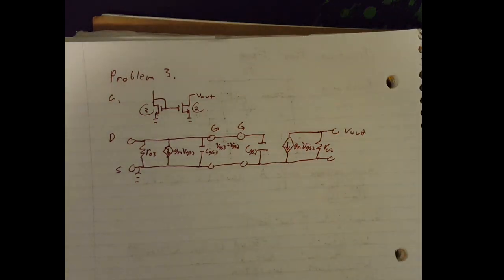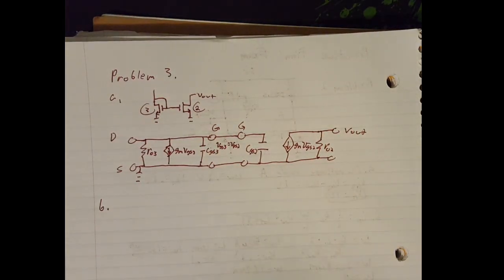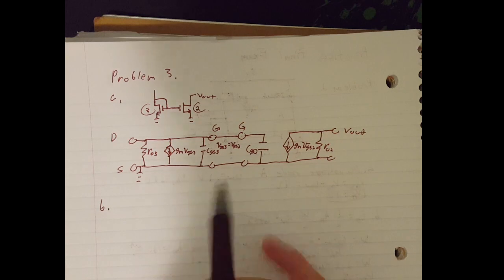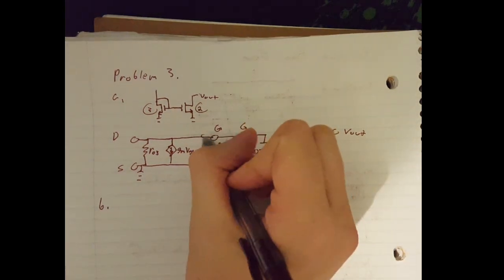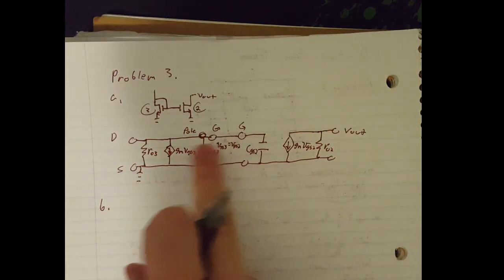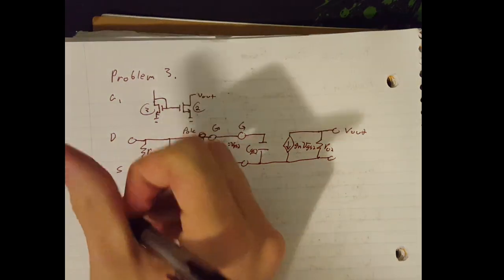So there's that. Part B wants us to mark any node pole associations and say how many poles are associated with it. There is one pole on this right here. This is where we have capacitors and resistors all tied into this. So we have one pole.